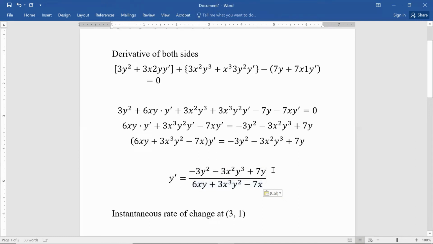The denominator of this fraction is going to be 6xy plus 3x cubed y squared minus 7x.